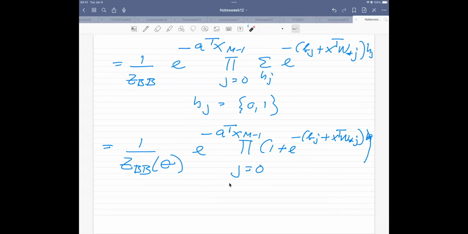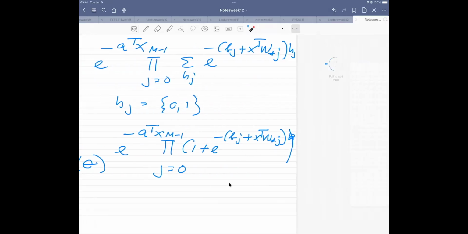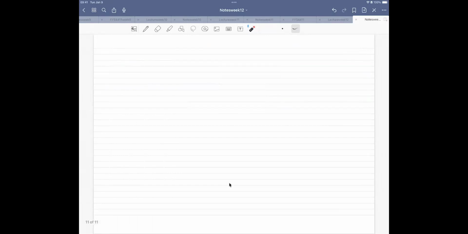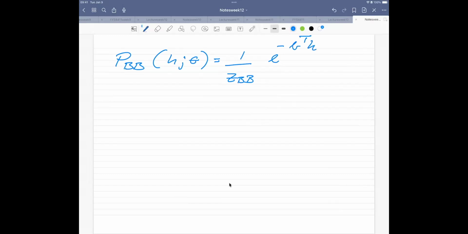Now, I can do the same for the hidden nodes. So this is the marginal probability. At the end, this is what we want. And I can repeat the same exercise, and I can get the probability P_BB of h given theta, because I will need these quantities as well. And this is something which just becomes 1 over Z_BB multiplied with e of minus b transpose times h.